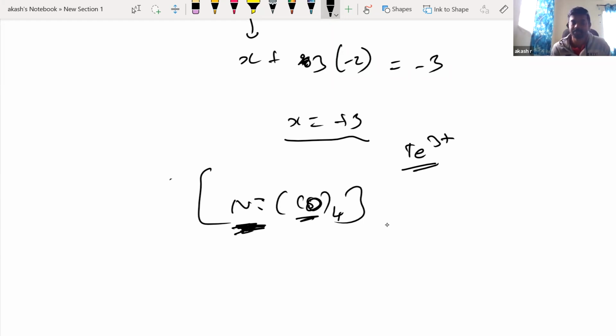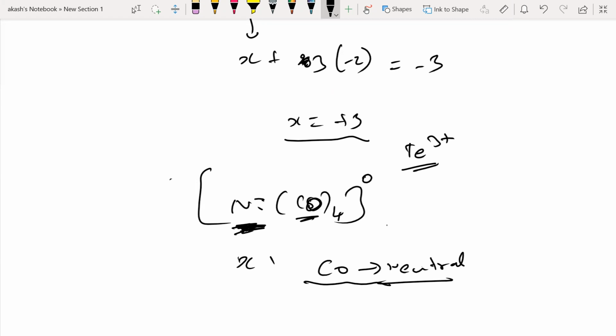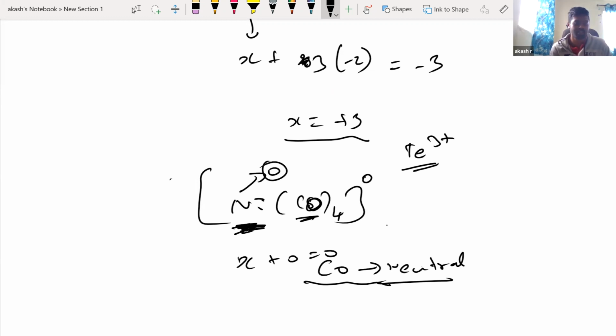Carbon monoxide is a neutral ligand, so CO is zero. So we have x plus 0 into 4, and overall the charge is also 0. So nickel is in 0 oxidation state.